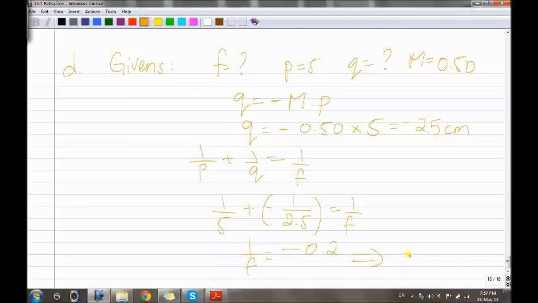So if we flip it, F would be negative 1 over 0.2. So the answer would be negative 5, and that's the focal point.